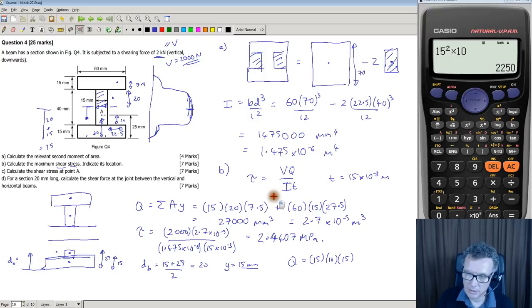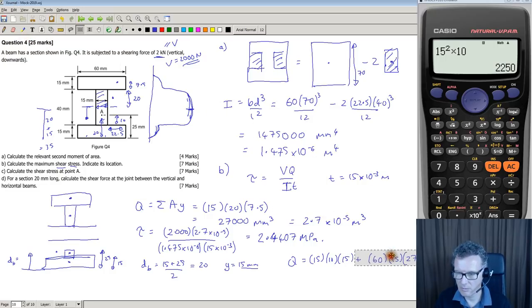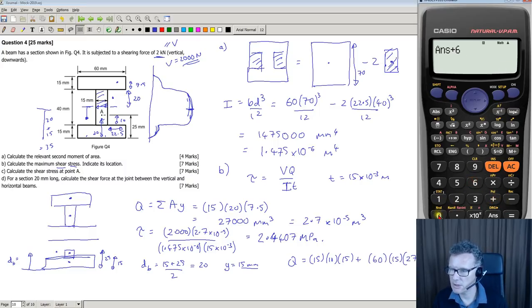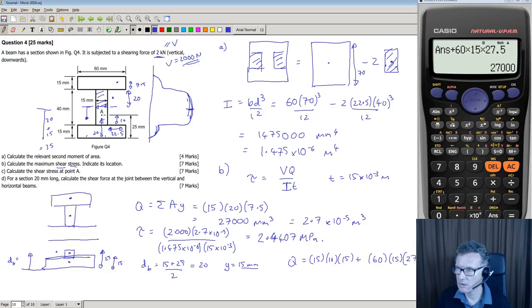So the other one stays the same. Right, plus 60 times 15 times 27.5. So that equals 27000 millimeters to the power 3.